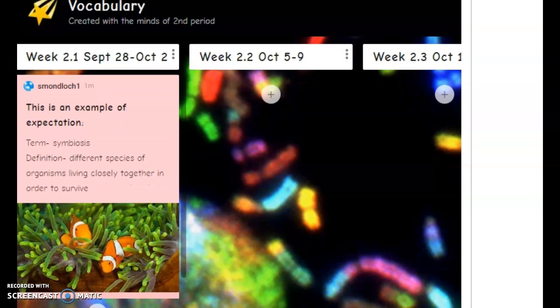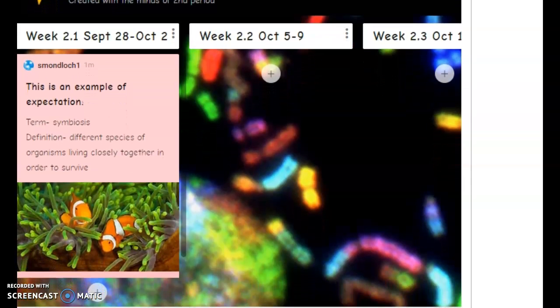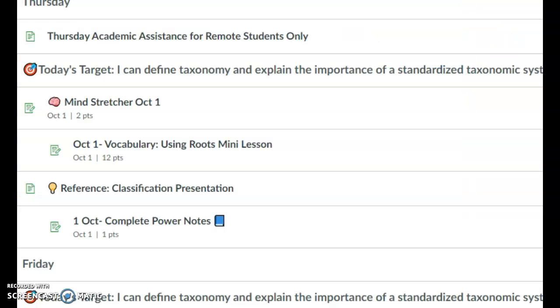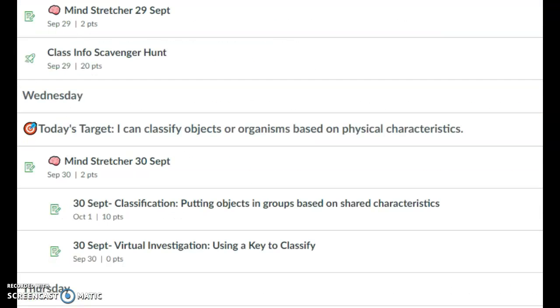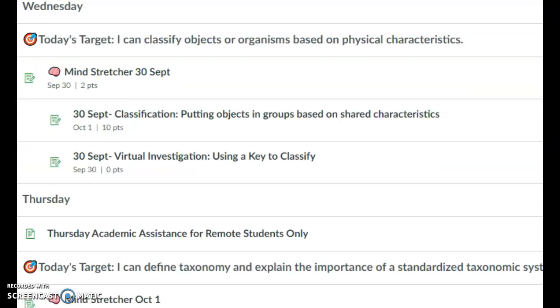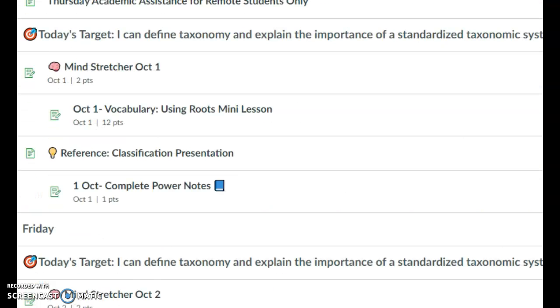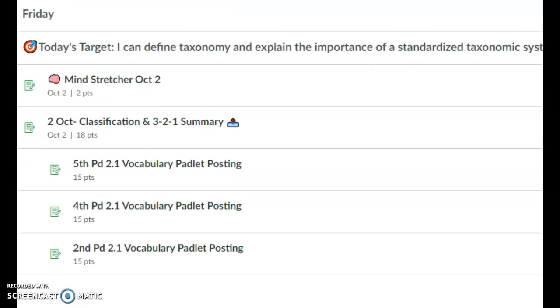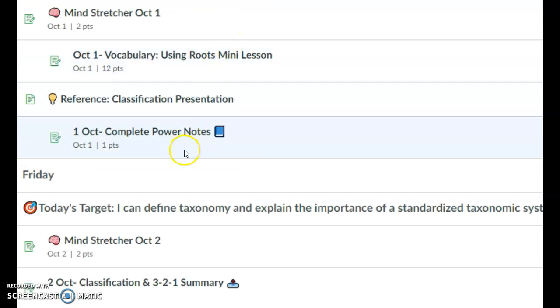The thinking and reflection come from having to prioritize what the key terms were. To do that, I would look through Canvas and at the targets that we have. Then I would look back at your Power Notes: what were the key terms that figured in there?